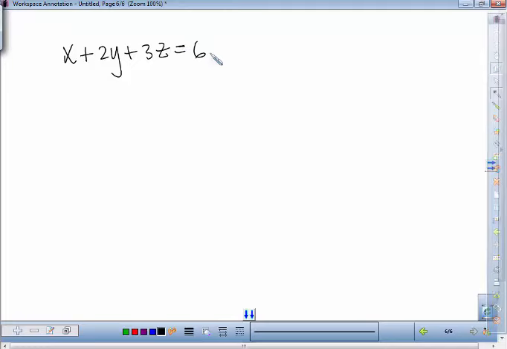Try to make it look like it'll have nice numbers. So I want to try to draw this graph, or maybe a piece of this graph. This is a relationship between x, y, and z, so I need to find out the points that would satisfy this particular equation.